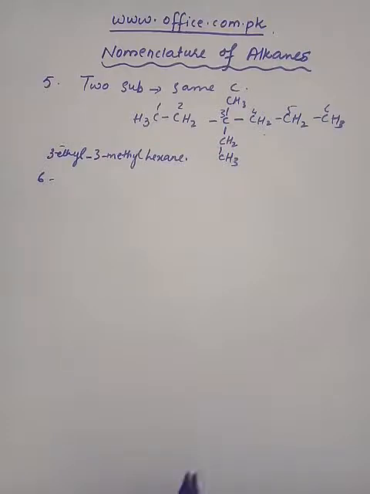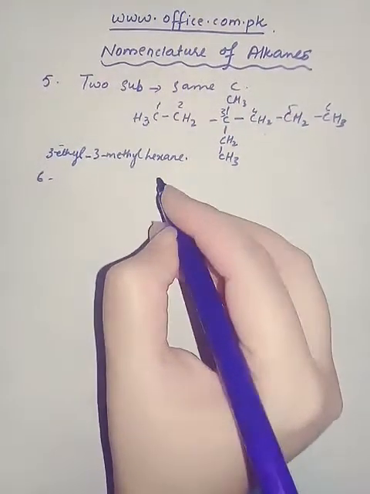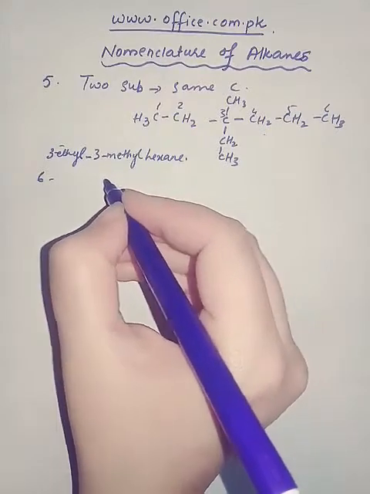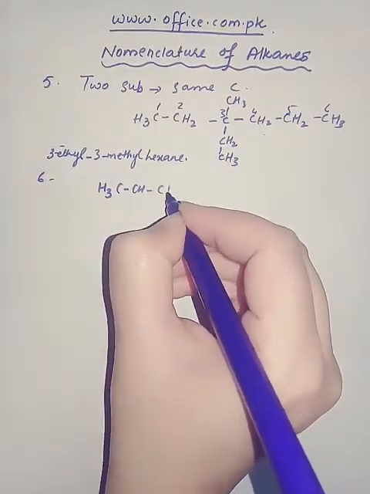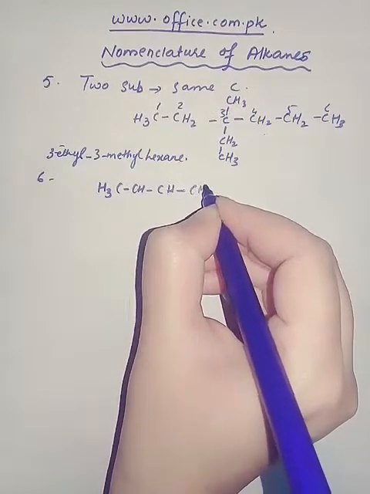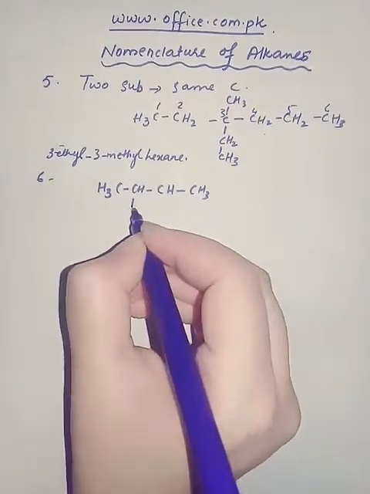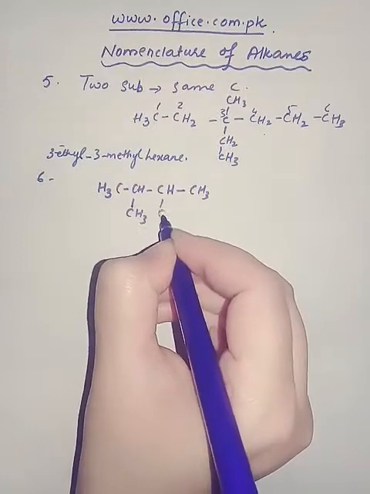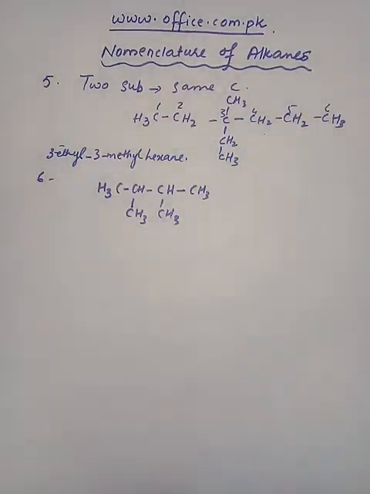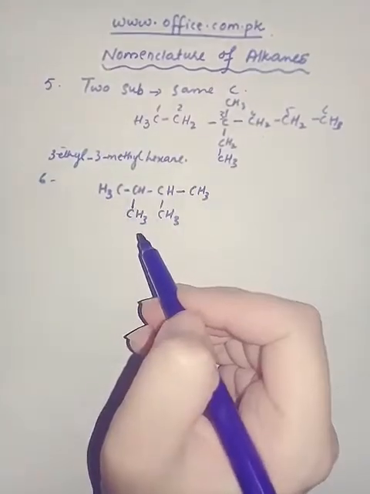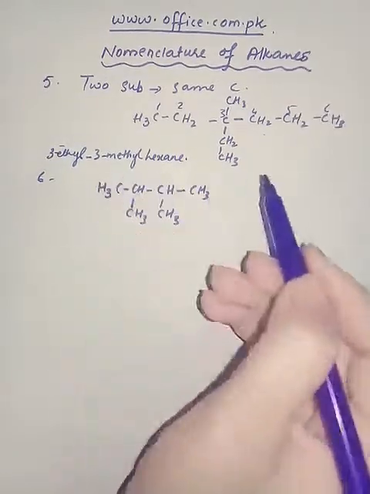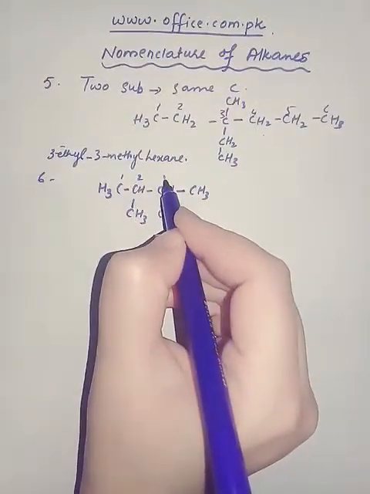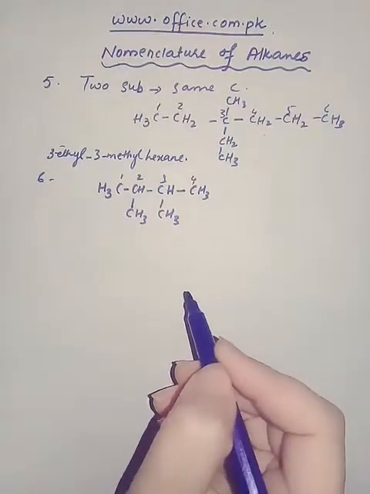For example, let us take a very simple example. Organic chemistry is a matter of practice. If you practice it more and more, it will become more and more convenient. This is not at all difficult. Now this is butane, and you can count it from any side, 4.